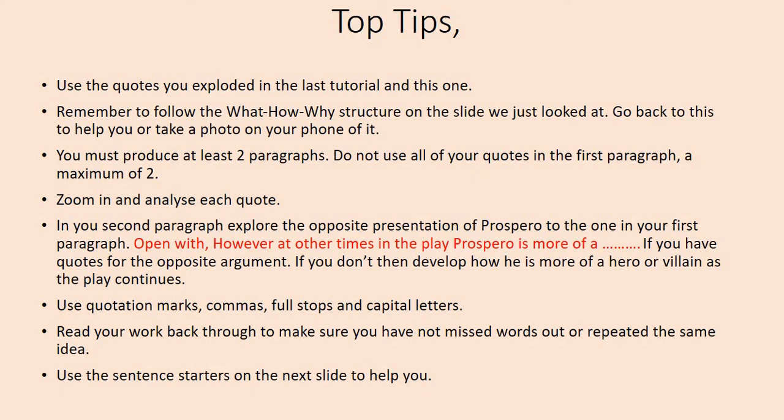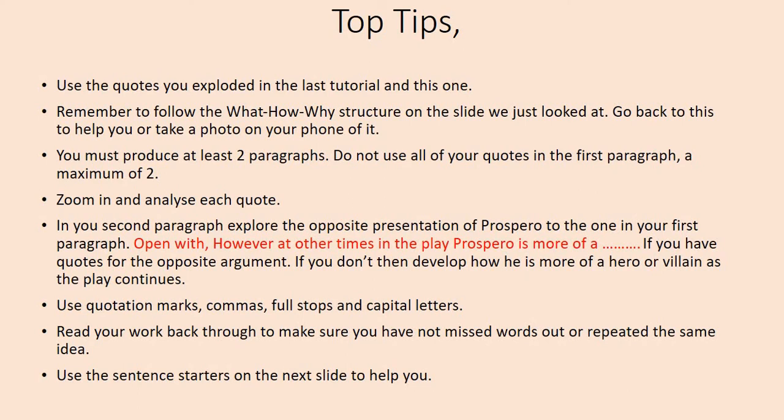In your second paragraph, explore the opposite presentation of Prospero to the one in your first paragraph. So, for example, if you opened with he's a villain, in your second paragraph you could explore, however, other times in the play he is more of a hero. Tell me why.